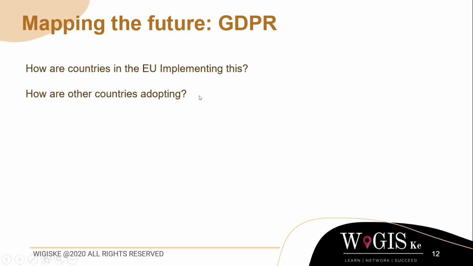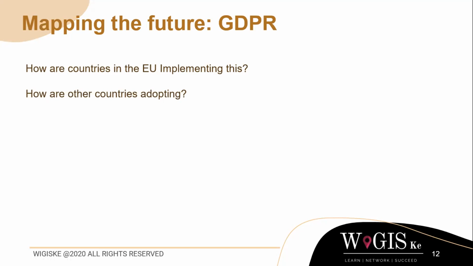So if no one has anything to share, I can talk about the case of Kenya. Kenya has a data protection bill that looks at what different organizations do with the data they're collecting and how they are collecting it.